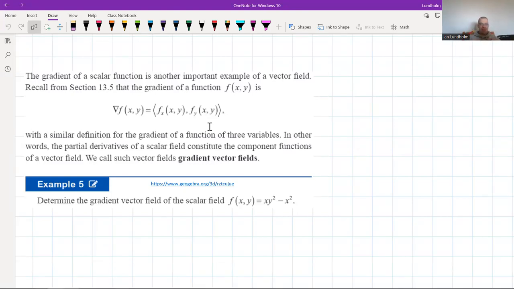So gradients can be used to create vector fields, and we call them gradient vector fields. One thing that's important to remind ourselves, or new vocabulary at this point, is that the function f in this case would be called a potential function.